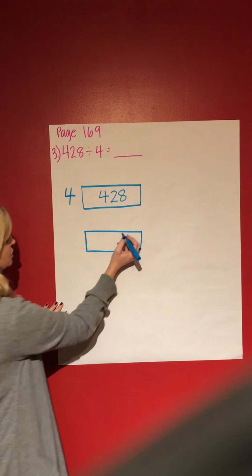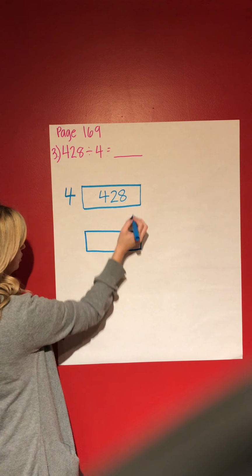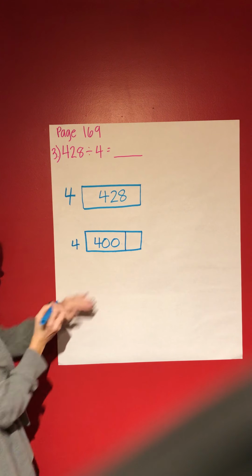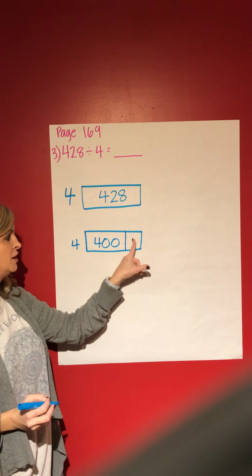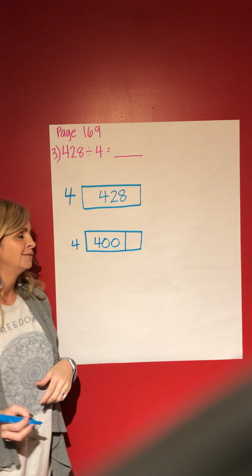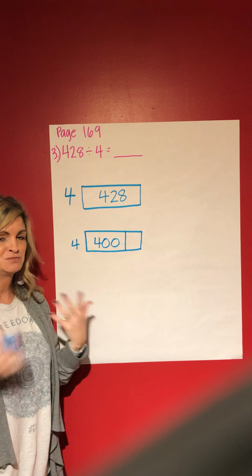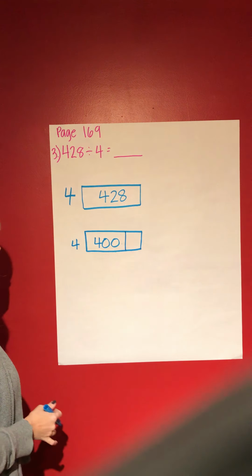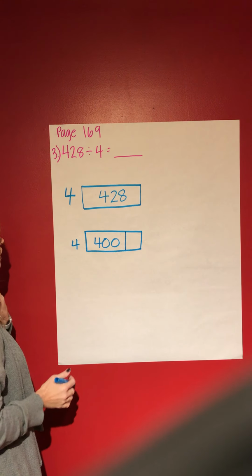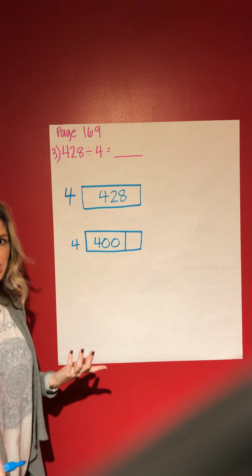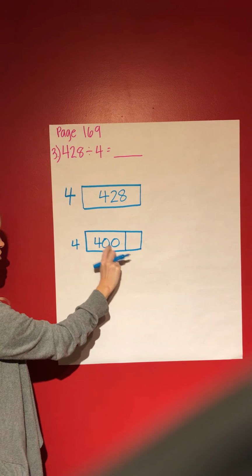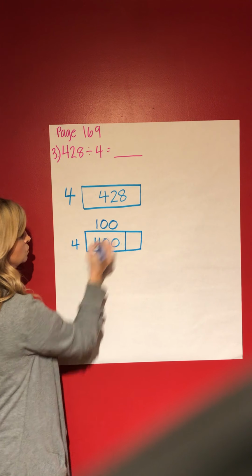So I'm gonna divide this, since the 400 is gonna take up most of this rectangle because it's the bigger part. I'm gonna put my 400 here, and then I have an unknown number here, which you probably already know, but just for showing you the steps, I'm gonna leave that out for now. So, what number do I know that if I multiply by 4, I get 400? And that number is, of course, 100.